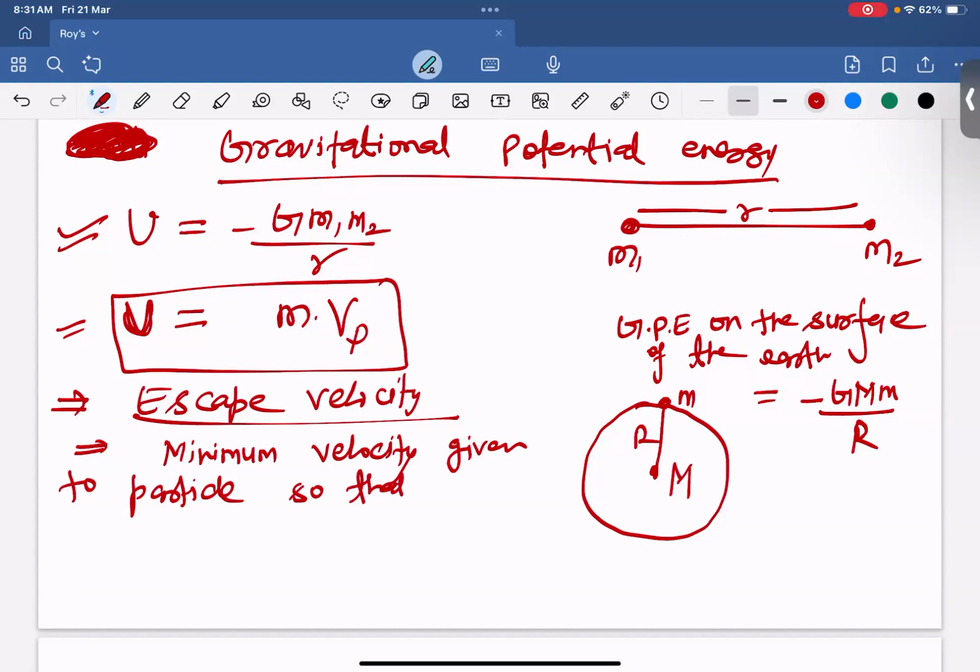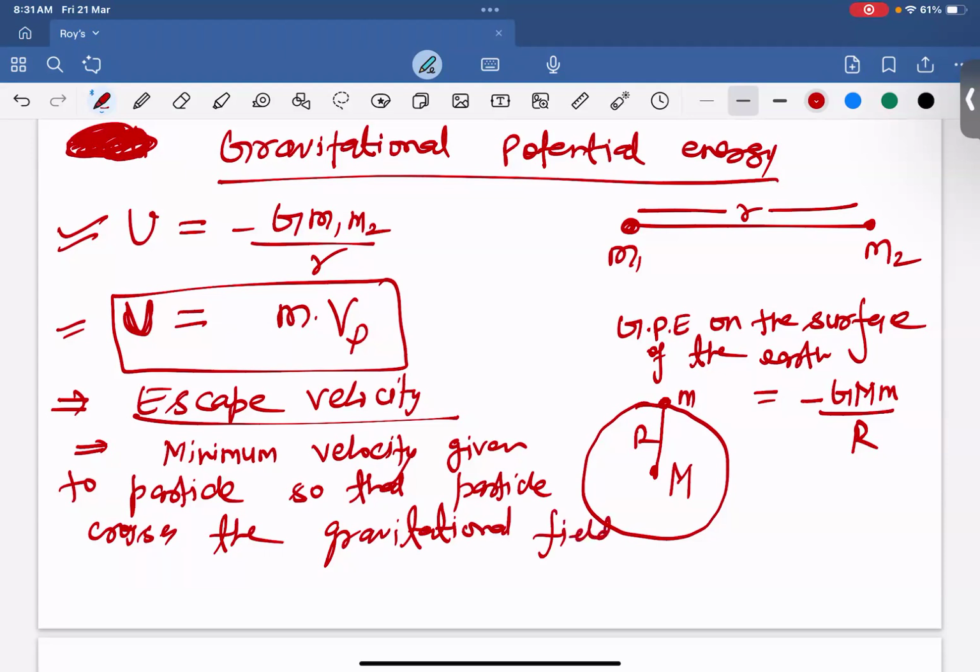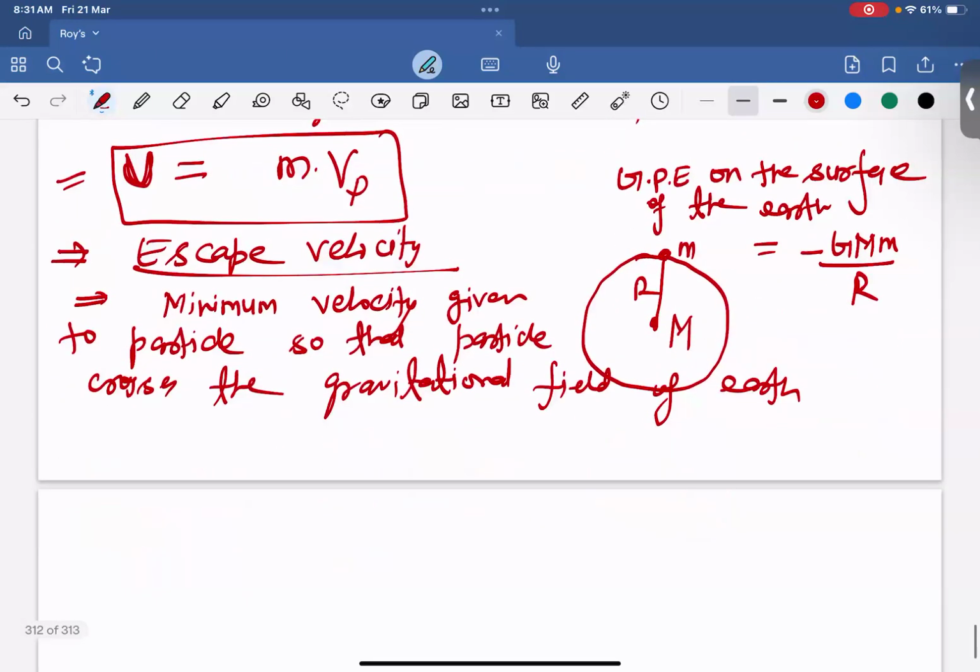so that the particle goes to infinity. It means the particle crosses the gravitational field of the earth, and at infinity it has no energy.